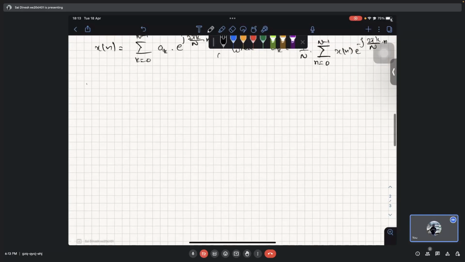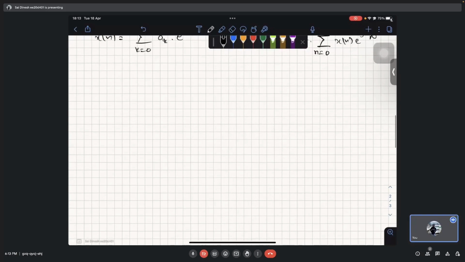Also note that this exponential e power j 2 pi k by N has only N distinct exponentials.